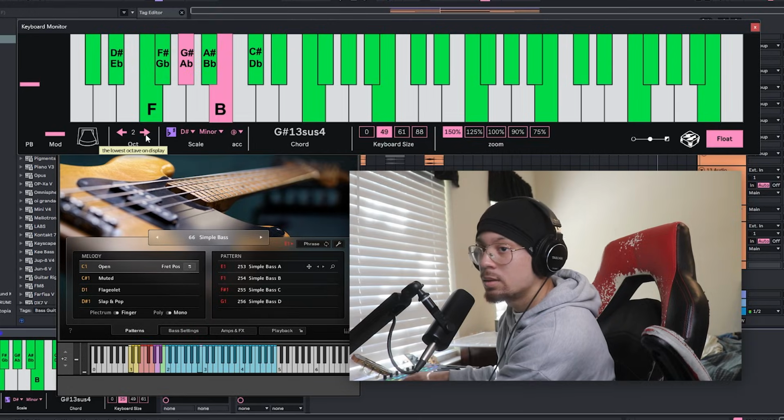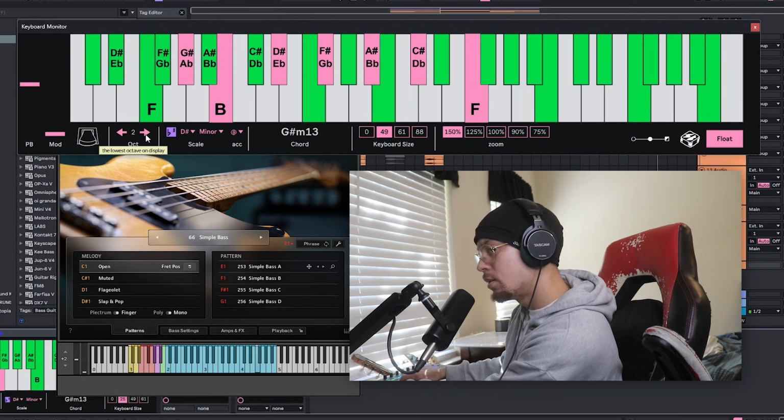Every single key that you play in the chord that you're in is going to sound good. And I mean every single key. And once you play a chord like a 13, basically you are playing every single key in the scale too. So let me play some for you, okay?